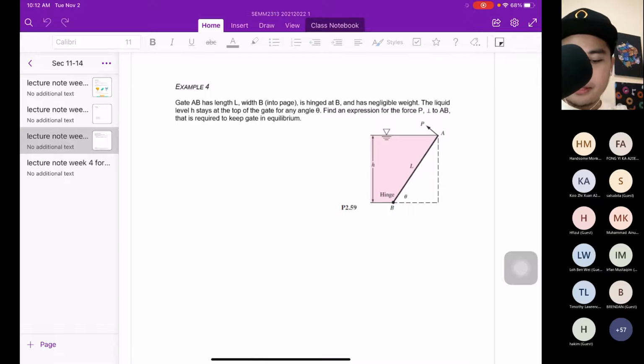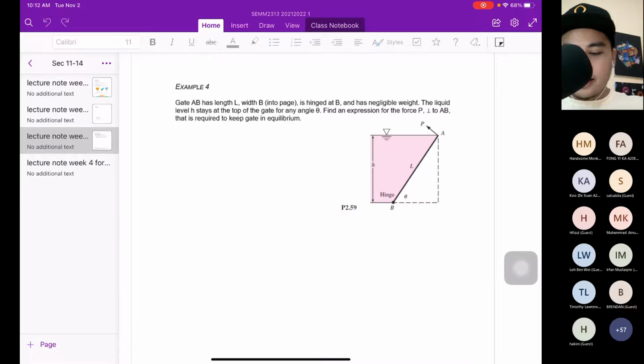So gate AB, you can see A to B, length L with width B into the page, is hinged at B and has negligible weight. The liquid level H stays at the top of the gate at the angle theta. Find the expression of the force P perpendicular to AB that is required to keep the gate in equilibrium.